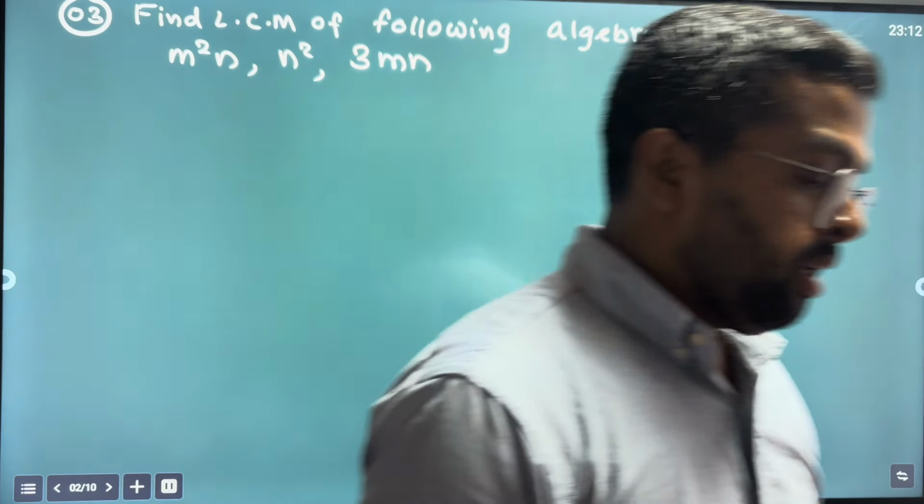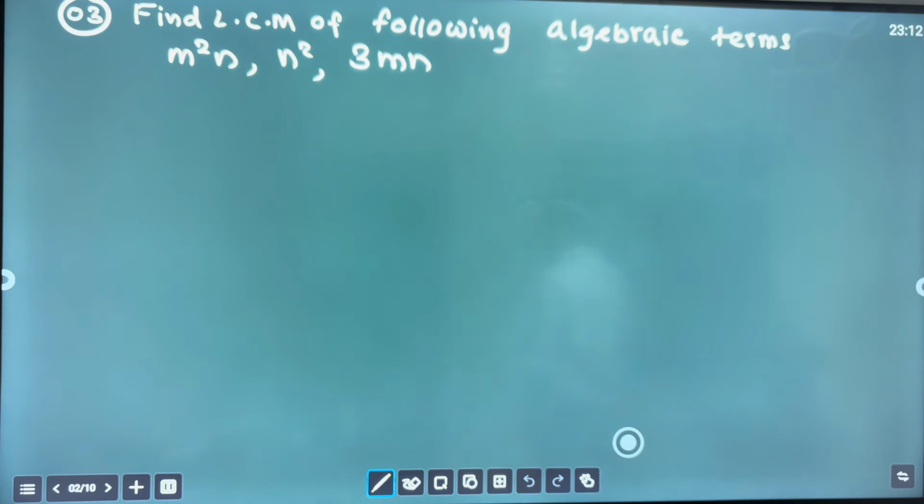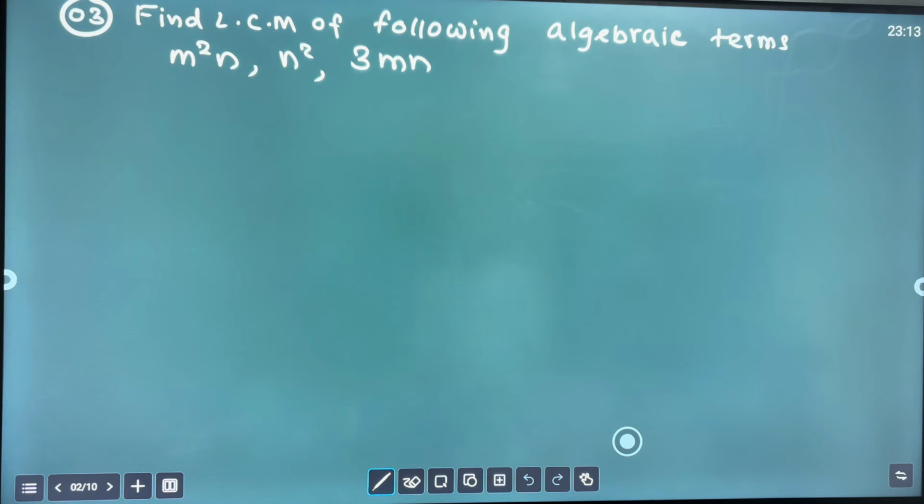Right. So this is also one of the most important lessons in your syllabus, the least common multiple. Find the least common multiple of the following algebraic terms. The three terms given are m squared n, n squared, and 3 times mn.